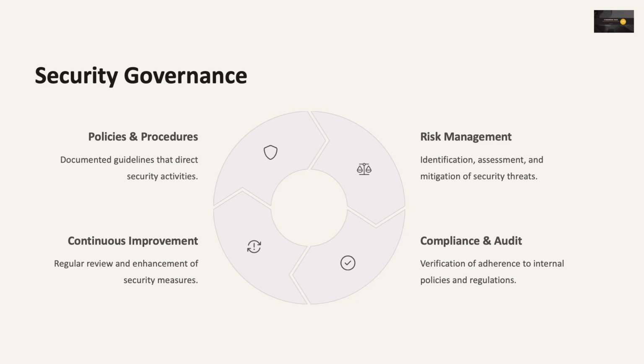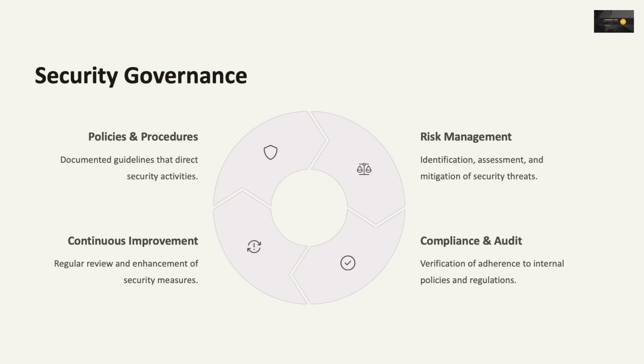So a similar thing is required in the data flow context also, because it's very important to understand that ultimately the security also exists to protect the business. So if the business is not doing business, then security is of no use. And another thing is this security governance also provides leadership, accountability, and a framework for decision making.